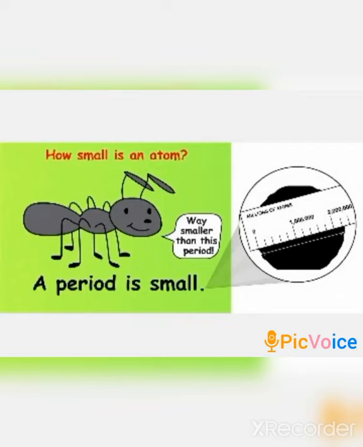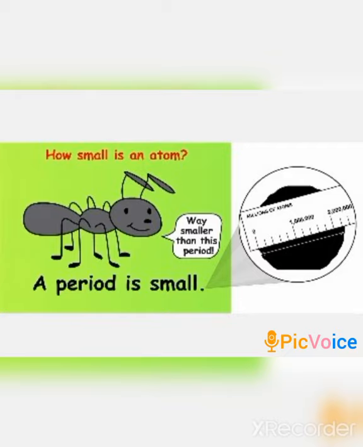Look at this image, friends. This shows how small an atom would be. There is an ant. I guess you know the size of an ant, right? And under the ant, a full stop has been written, right?